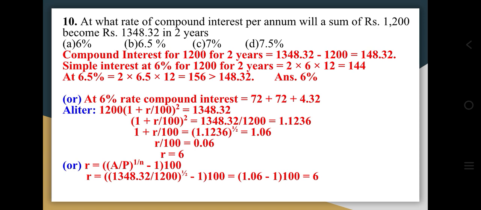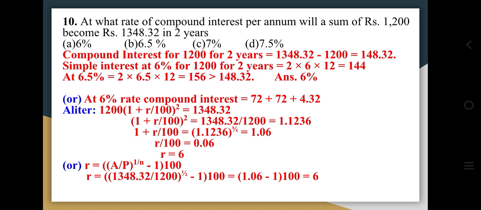Similarly, the simple interest at 6.5% for 2 years for 1200 is 2 into 6.5 into 12. If you multiply, you can see that it is 156. But 156 is more than the compound interest 148.32.